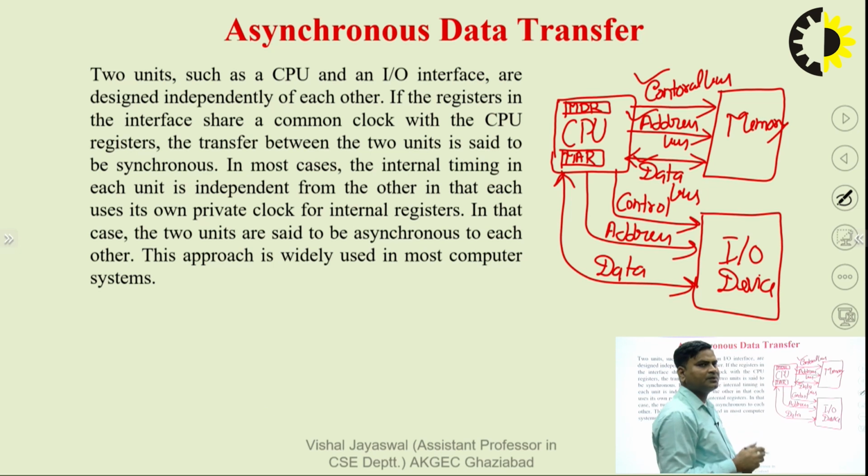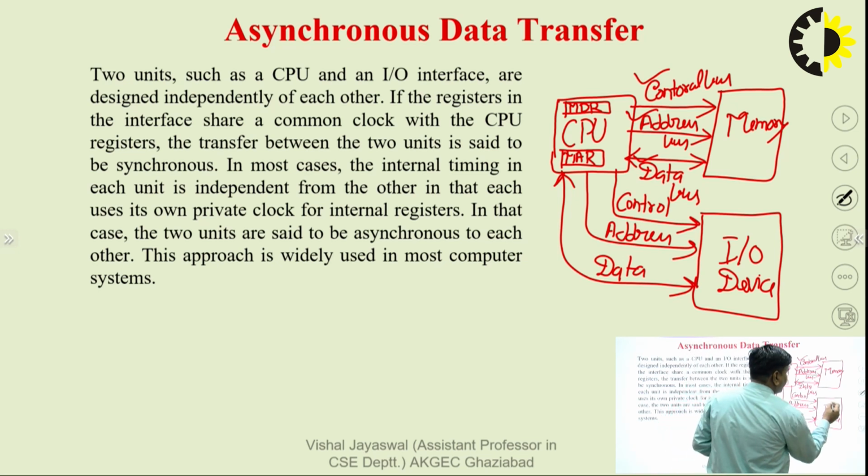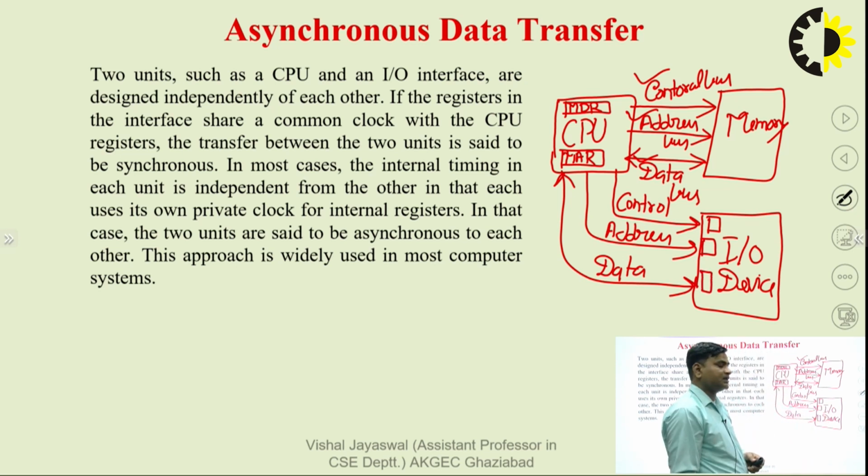Basically, CPU uses two registers for communication, memory address register and memory data register. And for I/O devices, let's suppose we have n I/O devices, then each I/O device has at least one register in it for storing temporary data.